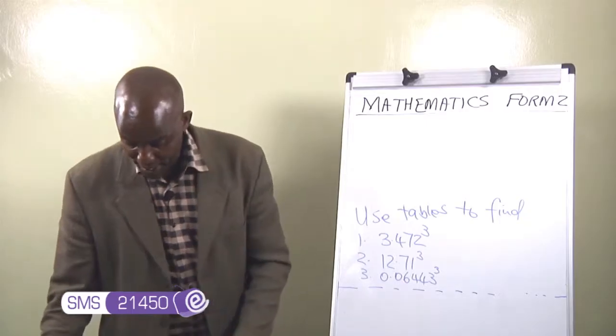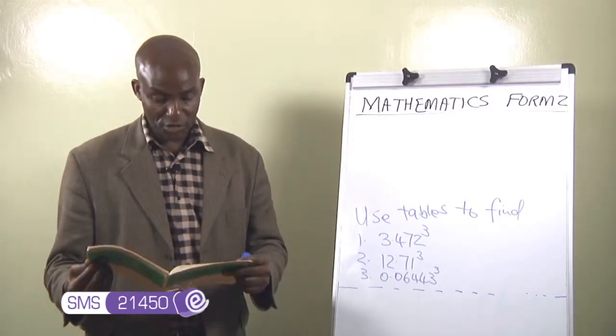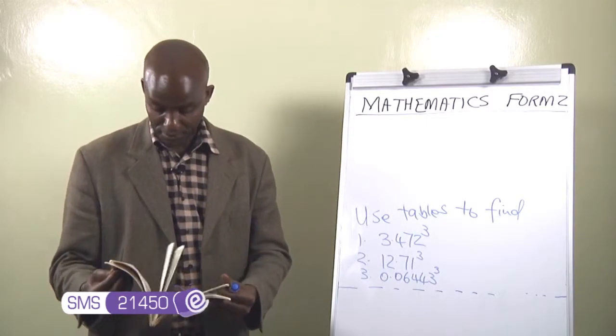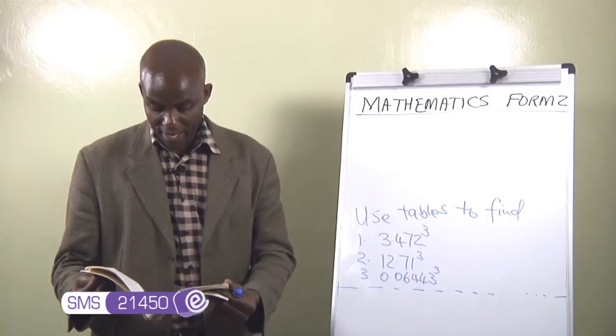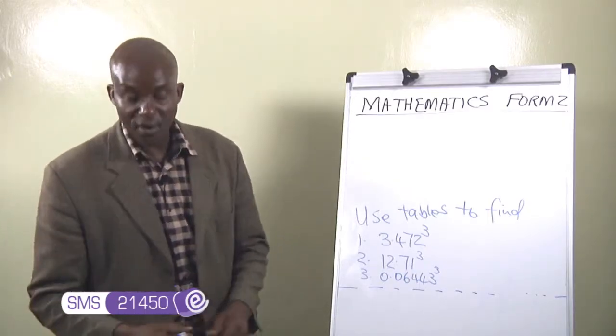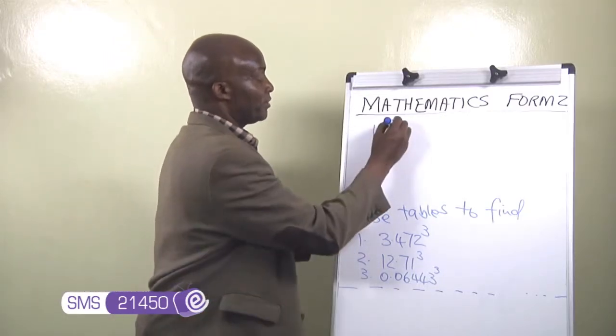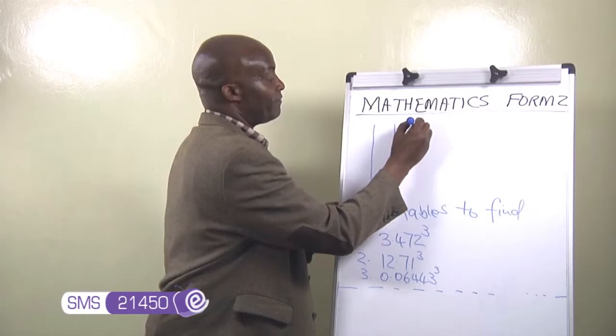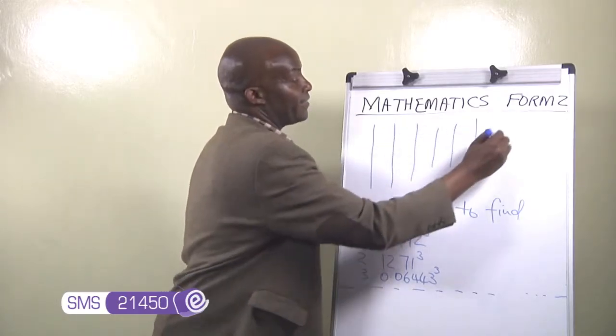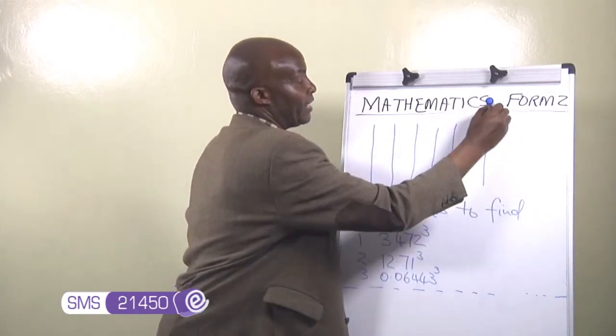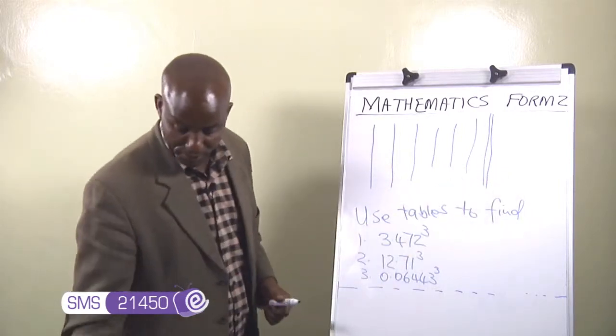you will find, let me open to that page on my mathematical table. You will find the first column on the table. Then you have other columns here, and then we have smaller columns.